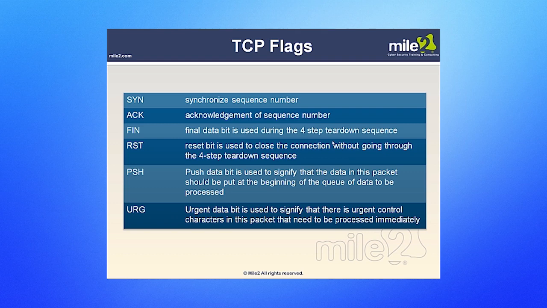Push data bit is used to signify the data in this packet should be at the beginning of the queue of the data to be processed. In other words, put me first. It says this needs to go first. Urgent data is used to signify there's an urgent control character in the packet that needs to be processed immediately. Mostly you see the SYN and the ACK, those are really common. You can see FIN, you could see some resets, sometimes these.